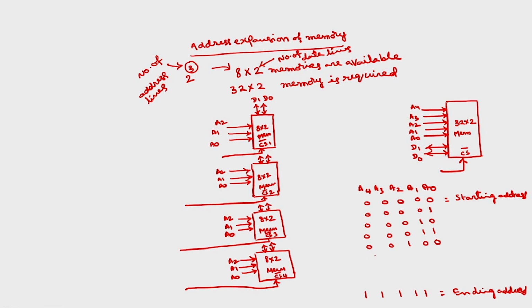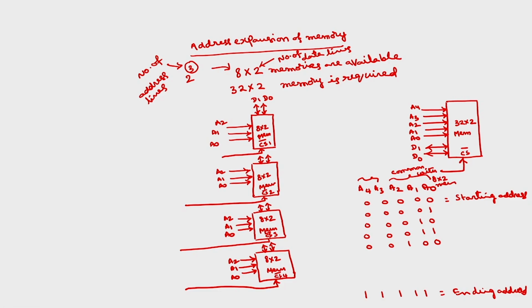If I take the first 8 locations here, what will be A3, A2? So, you have these extra signals. These are all common to all the 8 by 2 memories. These two are the extra signals.